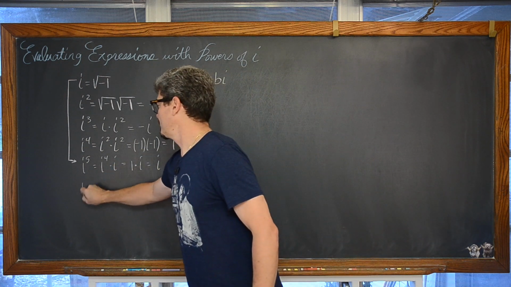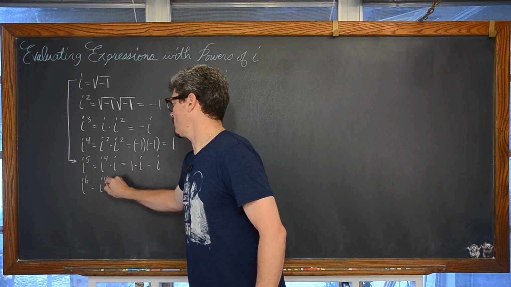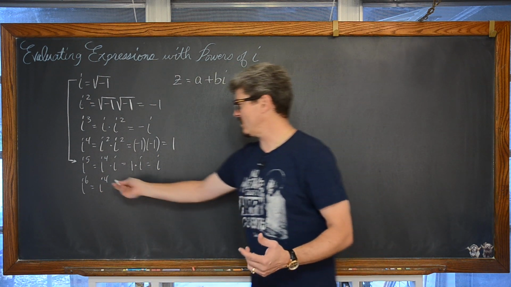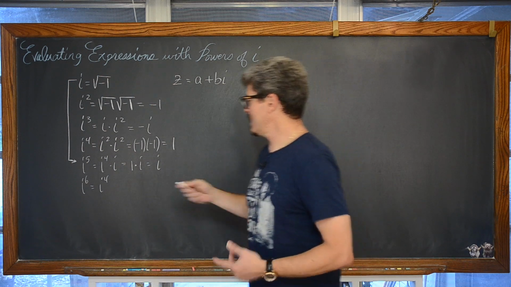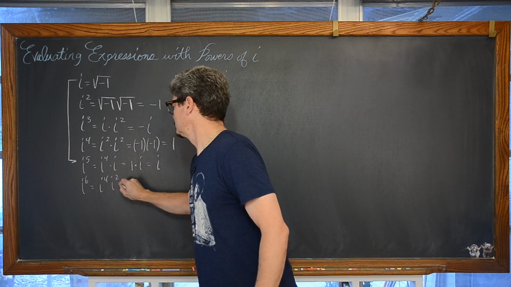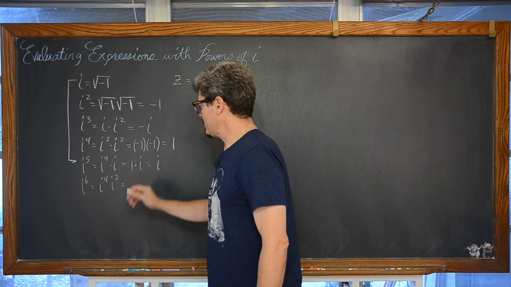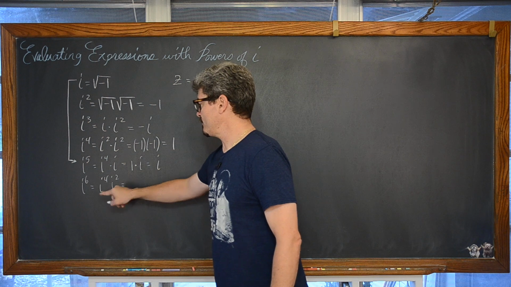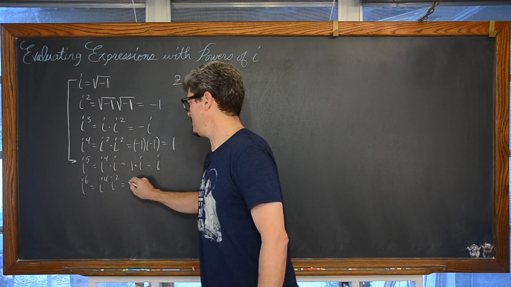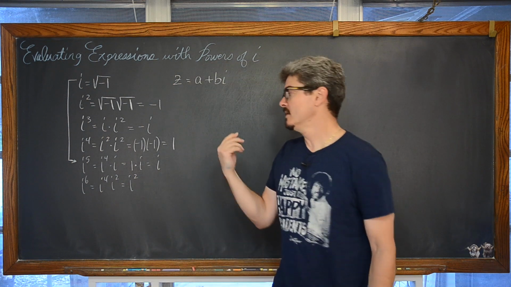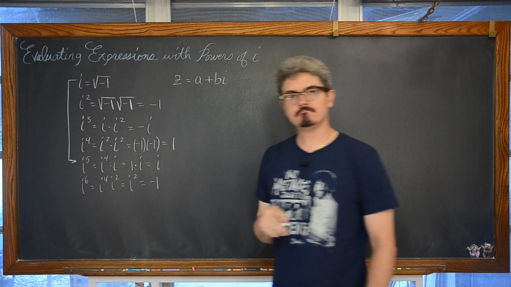If we have i to the 6th, well then that's going to be i to the 4th, and I'm going to focus on this i to the 4th power because i to the 4th is simply equal to 1, times i squared. So if i to the 4th is equal to 1, then i to the 6th is equal to i squared, which we have shown is equal to -1.